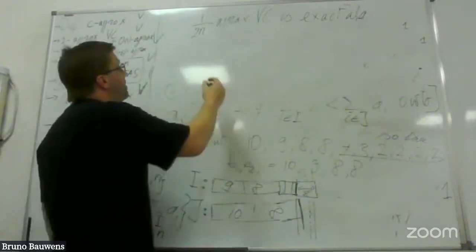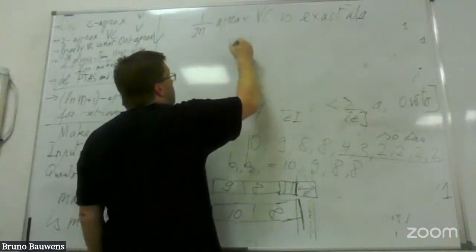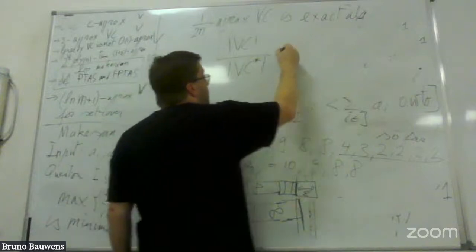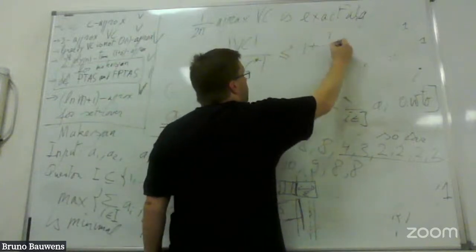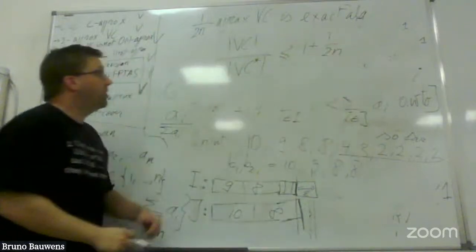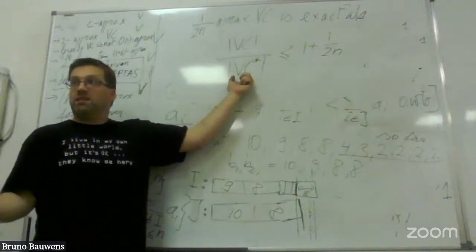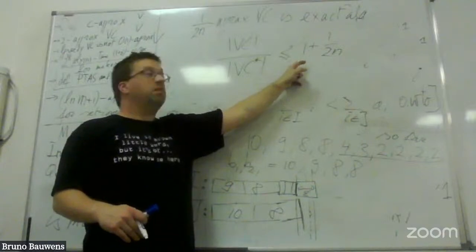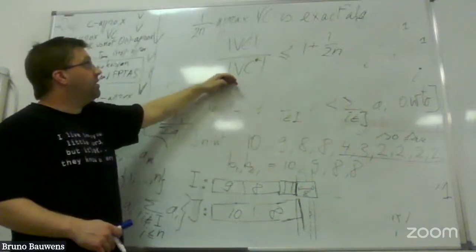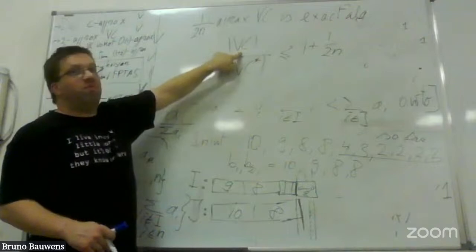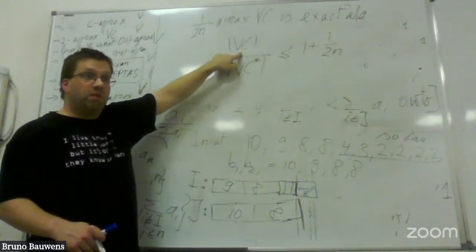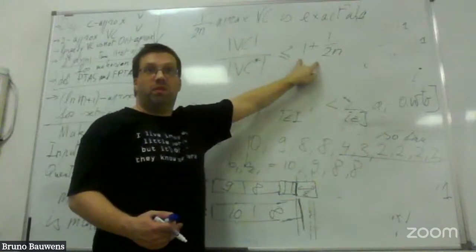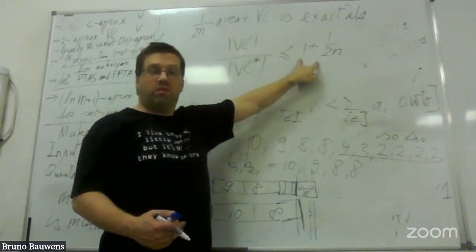We know that the answer of the algorithm divided by the optimal size of vertex cover is smaller than 1 plus 1/2n. But we know that the optimal vertex cover has size at most n, where n is the number of nodes. So it means that the vertex cover produced by the algorithm must have the optimal size.